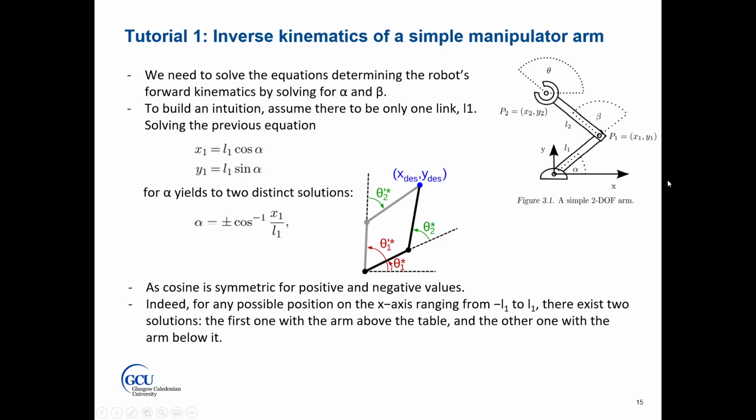So the idea of this exercise is: if I give you x and y and theta, can you provide me alpha and beta? To build an intuition, imagine that there was only one link, that our robot was just L1. And the task then would be to find alpha if I give you x and y.